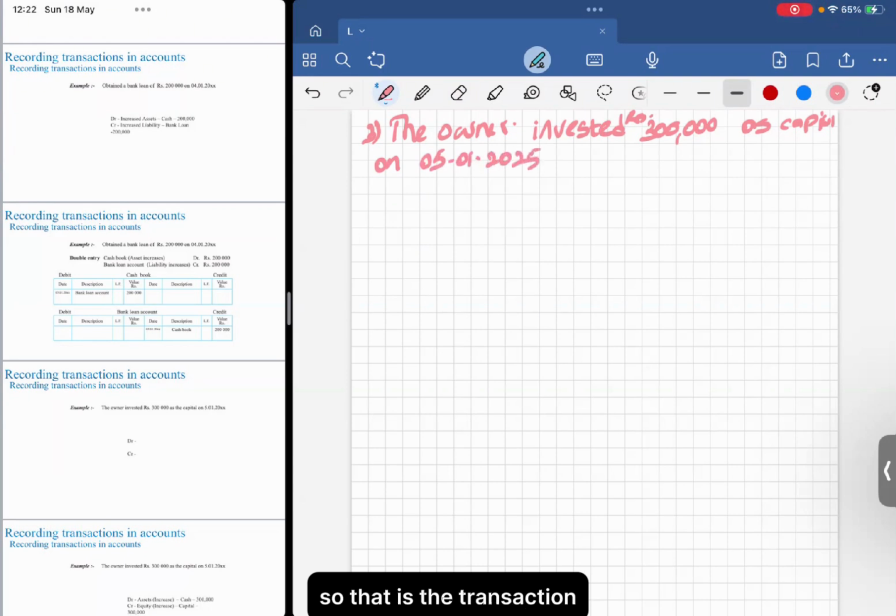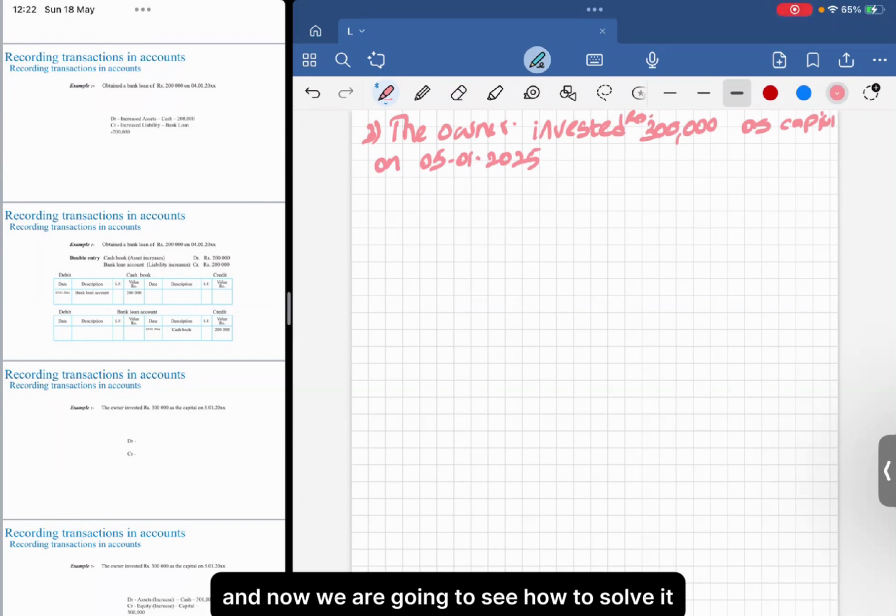That is the transaction, and now we are going to see how to solve it.